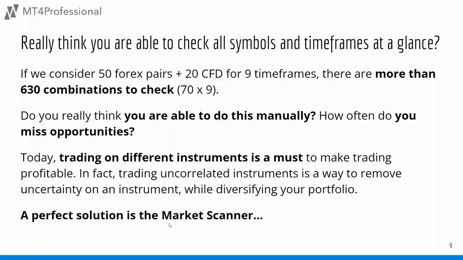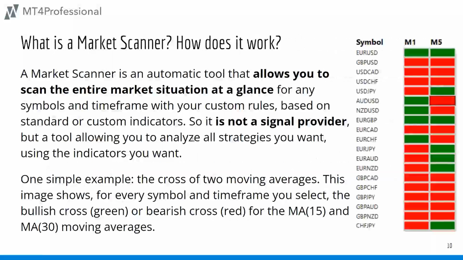So a perfect solution is a market scanner. A market scanner is an automatic tool that allows you to scan the entire market at a single glance for any symbol or time frame that meet your custom rules, based on standard or custom indicators. And it's really not a signal provider per se. It's just a tool that allows you to analyze your strategies the way that you want using the indicators you have access to.